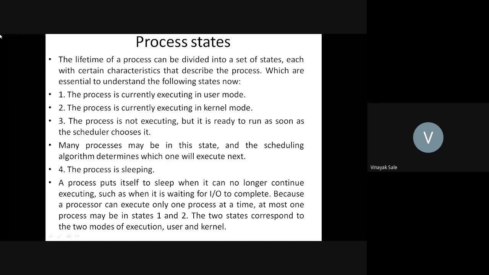A processor can execute only one process at a time. At most, one process may be in state 1 or state 2, so the two states correspond to the two modes of execution, user mode and kernel mode.